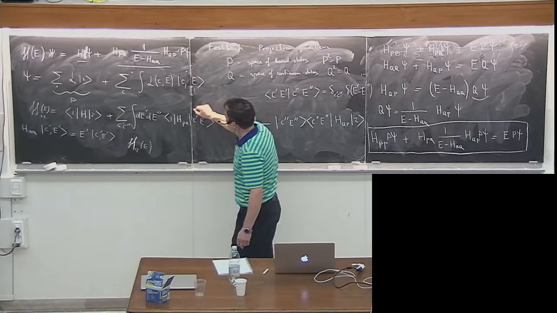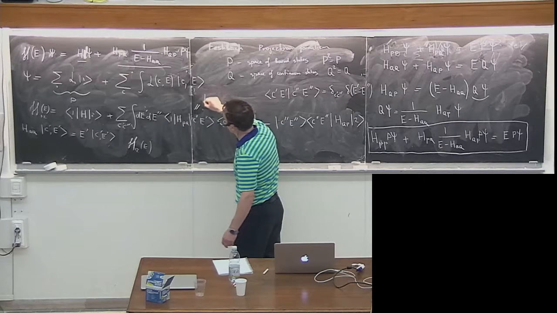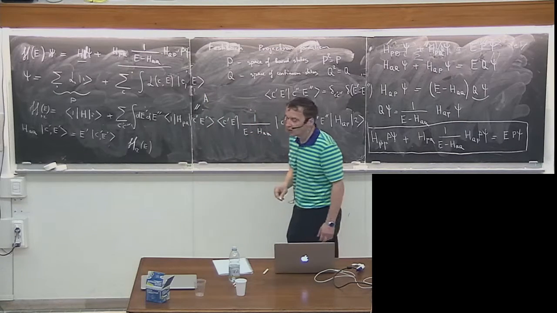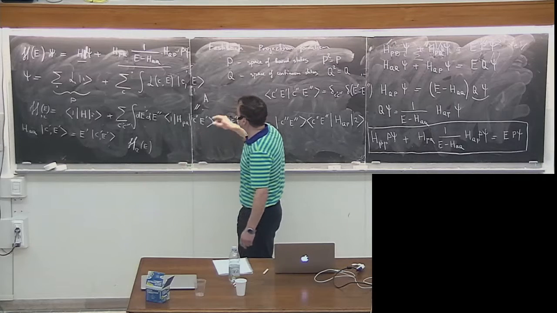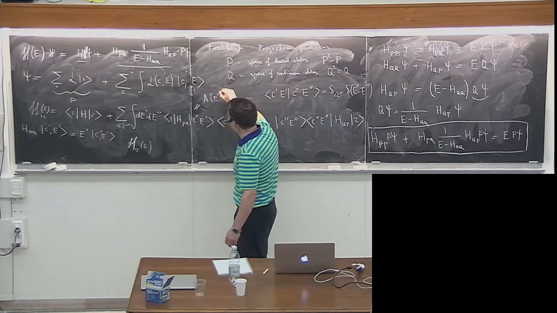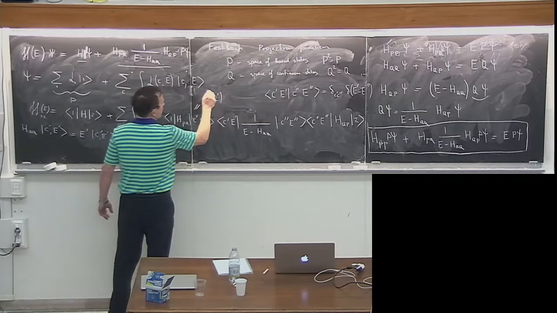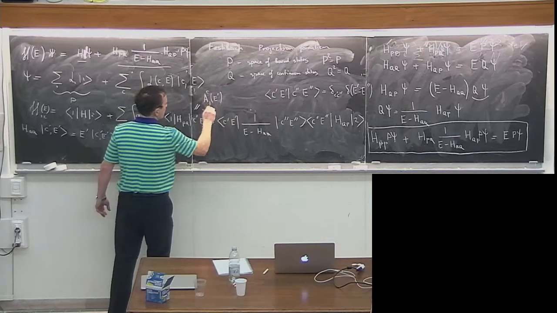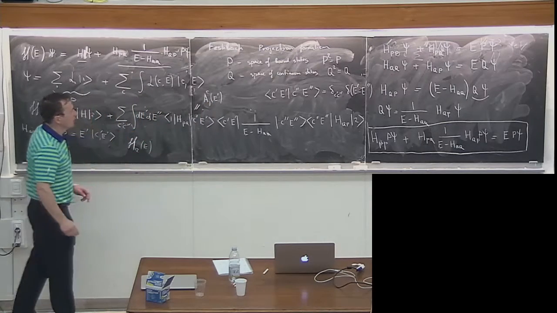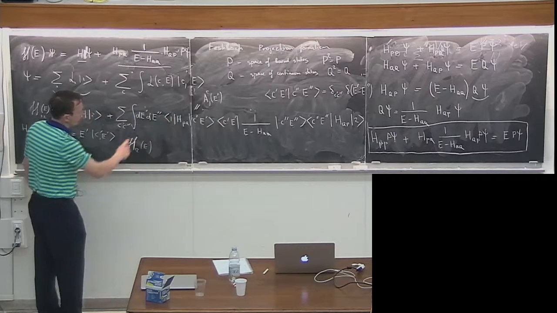Also, let me define a simplified notation and call this an amplitude. This is an amplitude, which is a function of energy E prime, that refers to channel C and the state 1, just as a definition, to shorten notation.